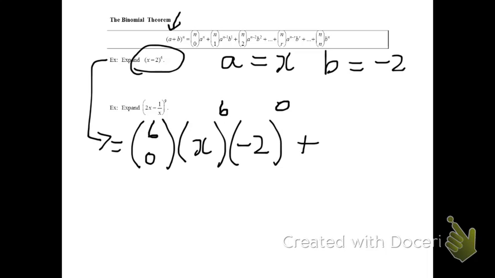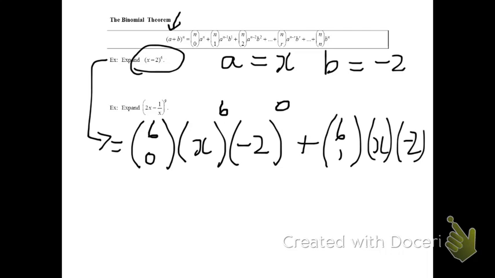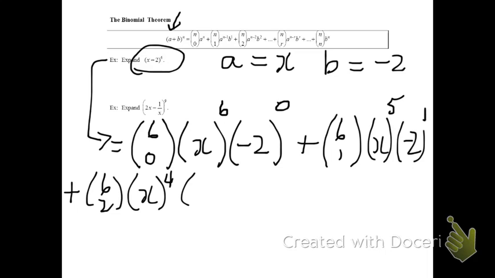Okay, and we do our second term. So it's going to be 6 choose 1, x, negative 2. And now x is going to be to the power of 5, and negative 2 is going to be to the power of 1. Okay, continuing, 6 choose 2, x to the power of 4, negative 2 to the power of 2.